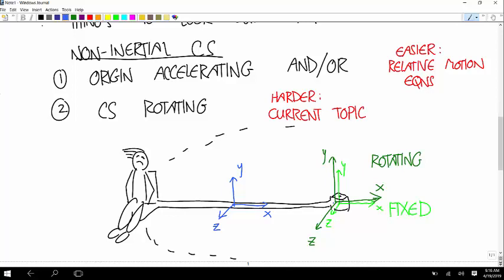But besides that, the axes are changing orientation as the arm changes orientation. And so for this one, we need to use relative motion to correct for the fact that the origin is accelerating. And then we have to use the rotating coordinate system equations to correct for the fact that the axes are changing orientation. Okay. So I'll come back to that example, and I'm going to do all three of those calculations, and you'll see that when we do those corrections, it all comes out the same.